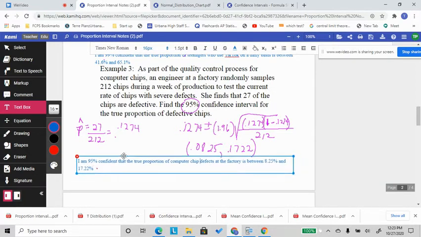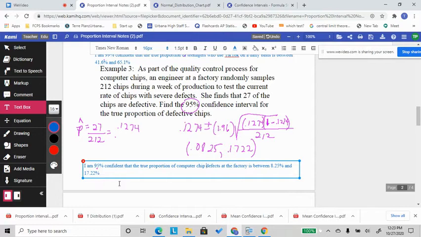Okay, so that means that you have between 8 and 17% of your product defective. Oh no, that sounds like a lot of waste in a factory process. All right, so there we go.